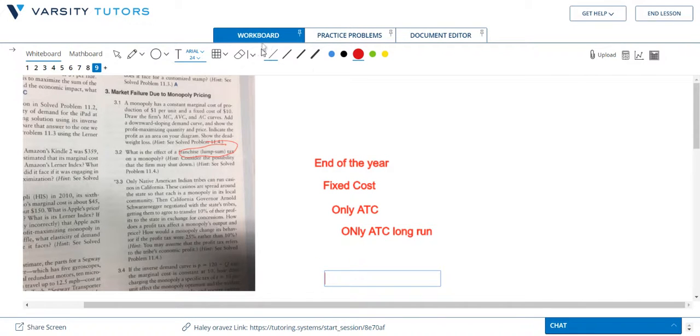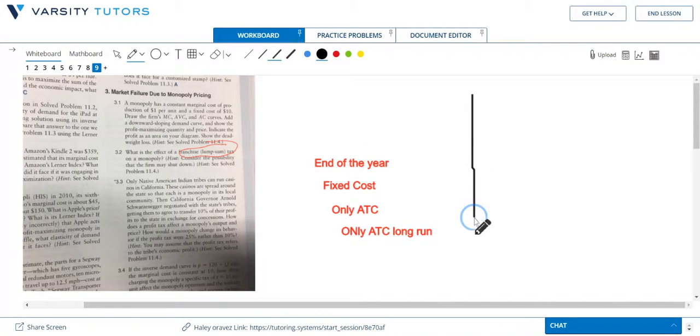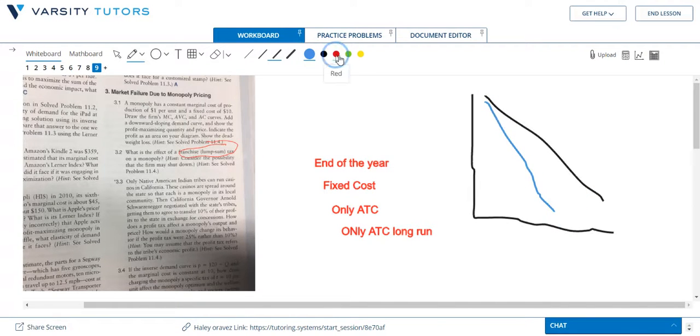Slow it down just a little bit, maybe draw out the graph, right? Price, quantity. A typical monopolist has a demand curve, a marginal revenue curve, some form of a marginal cost. But if we're talking about a lump sum tax, we're actually going to be only talking about the average total cost.